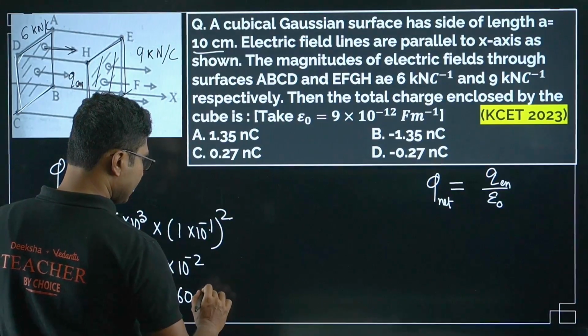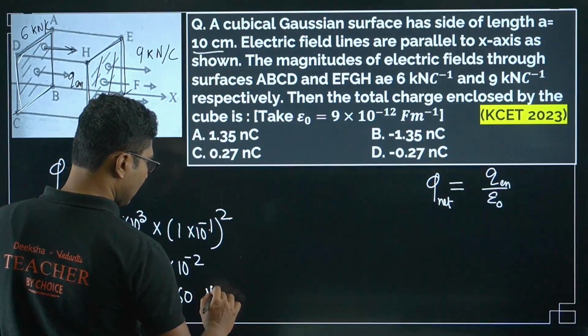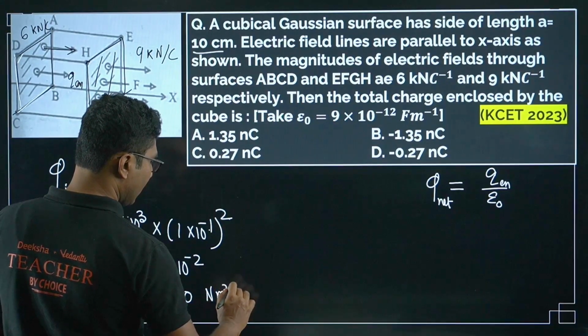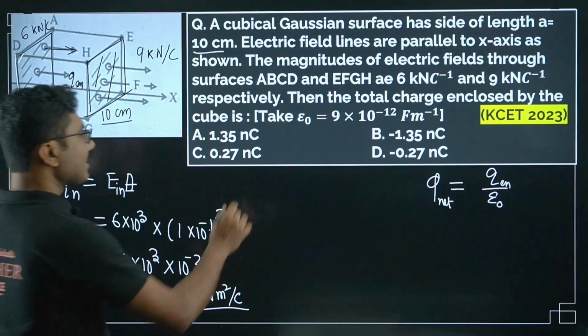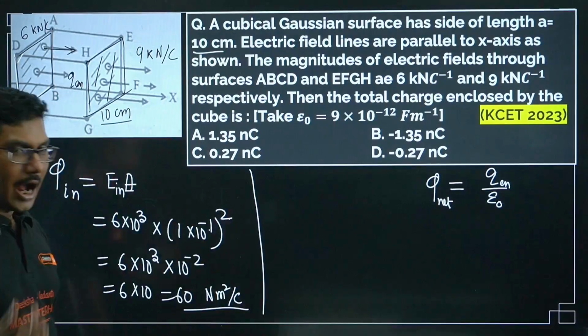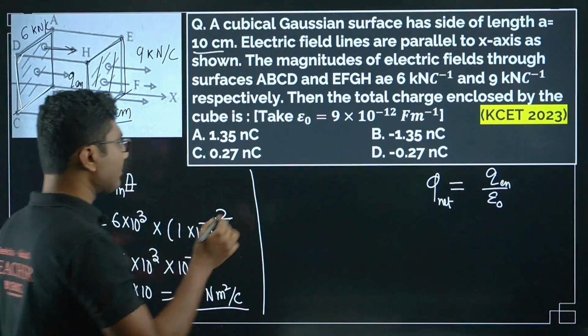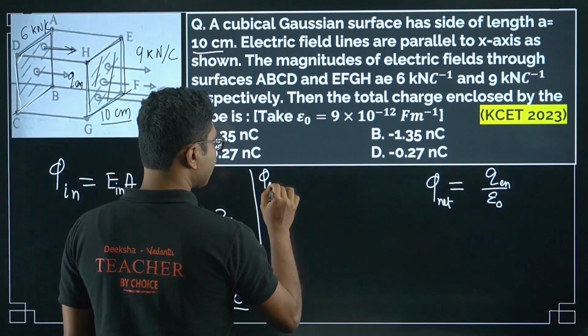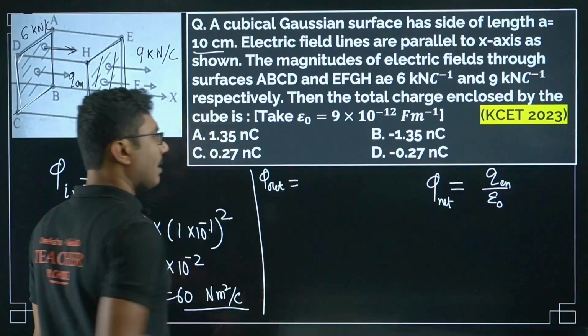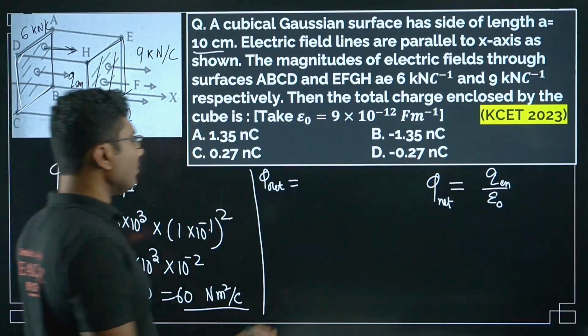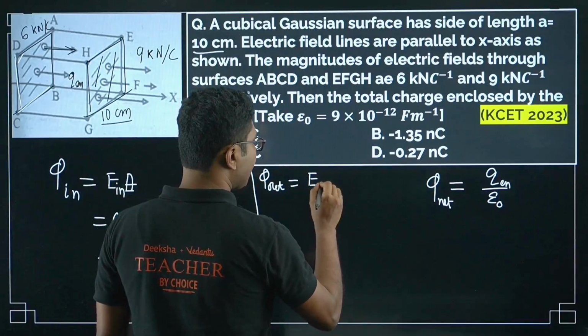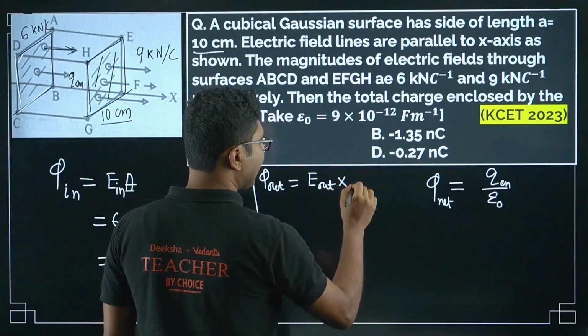The unit is newton meter square per coulomb. So what is the electric flux which is going out? Outgoing flux should be easy to calculate. It is given by the same formula, the electric field going out times the area.